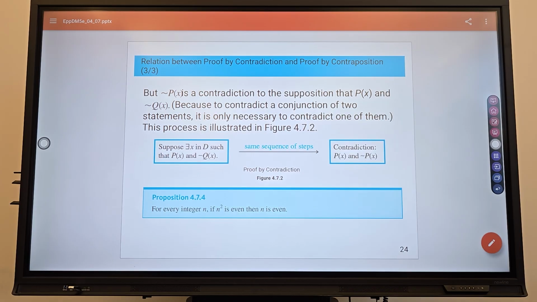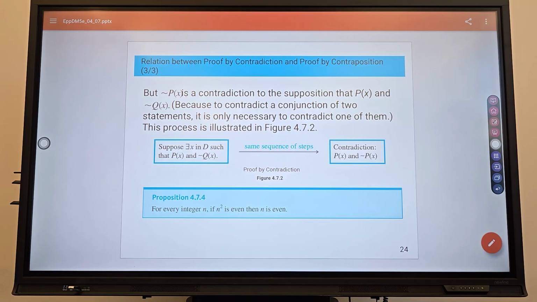This process is illustrated here. You suppose that there exists an element x in D such that P of x and not Q of x.